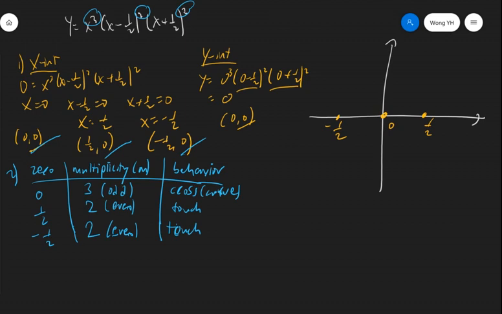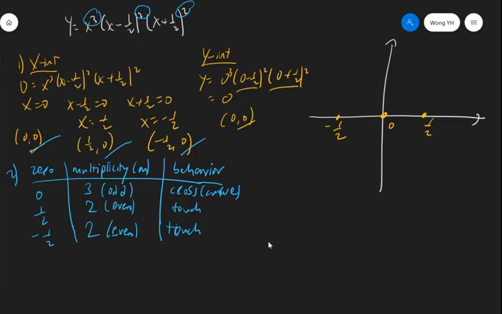The third information that we can find is known as the end behavior. For end behavior, we look at the power function, which is y equals a x to the n. According to the degree, you have to be able to get the power function from here. Of course, you get 1 x.